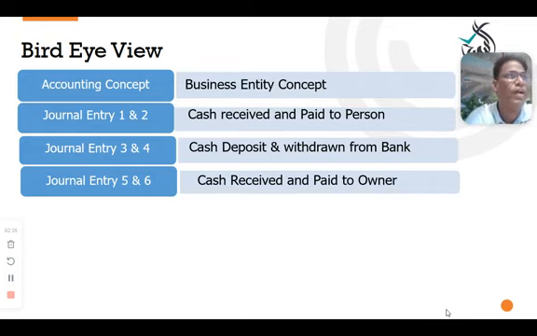And general entry number 5 and 6, here we understood the business entity concept: cash received from owner and cash paid to owner. So in a quick bird's eye view review, we understood cash related receipts and payment concepts.